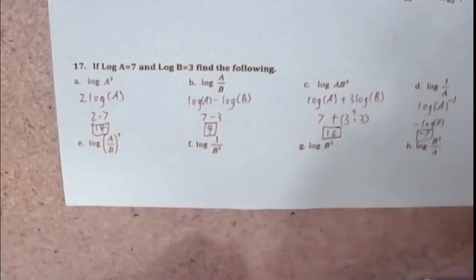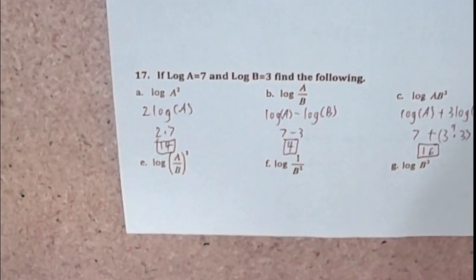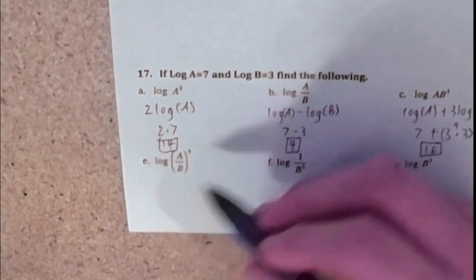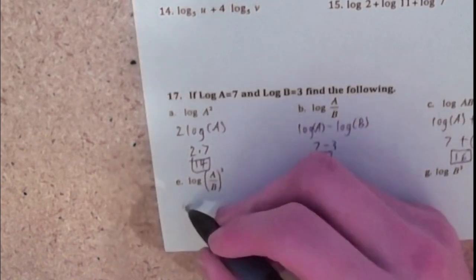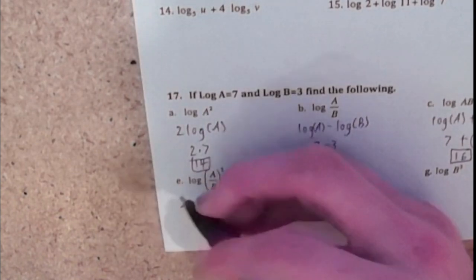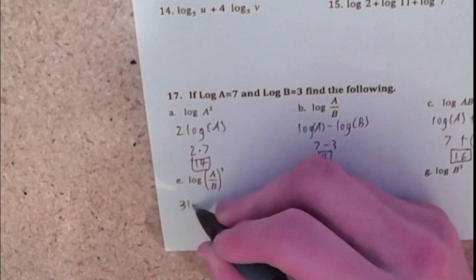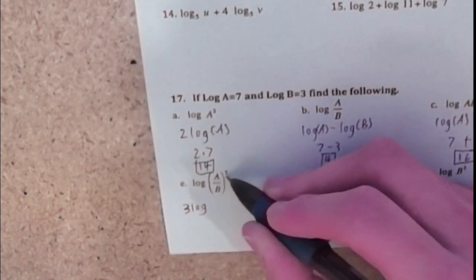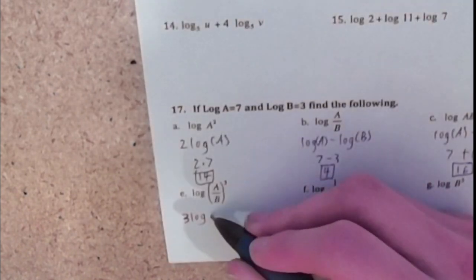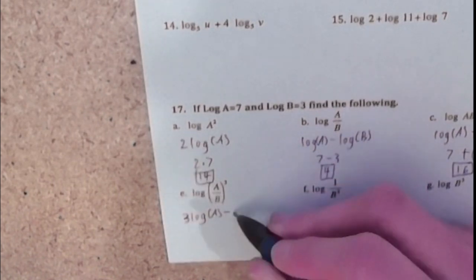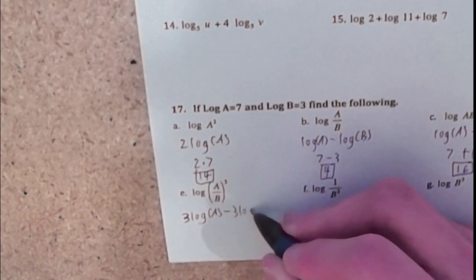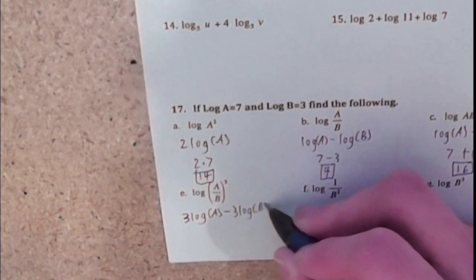Then we're going to go back to this question right here. It's going to be 3 log, because the power is going to both of these, of a, minus, because it's in the denominator, 3 log of b.